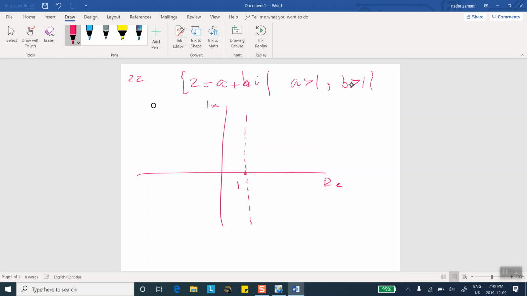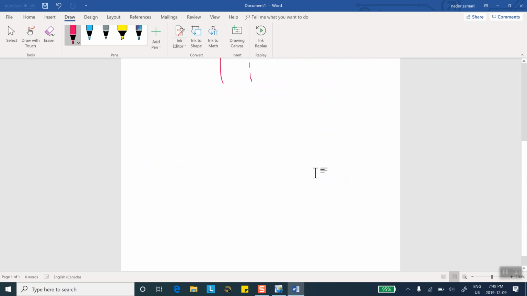And anything with the imaginary part bigger than 1 is anything above that line. So if you want this to be true and that to be true, we want to be here, excluding these dashed lines because there is no equal sign here. It cannot be equal to 1 either way. So that is the region in the complex plane. Okay, let's do the other one.